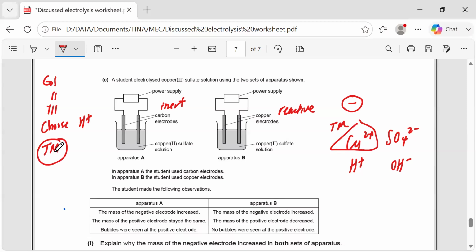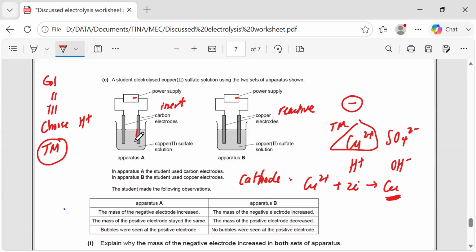Now, it doesn't matter which one, you still choose copper. So the cathode, copper ion receives electron to form copper. And where does this copper form? The copper will form on the negative. Let's say this is negative, they don't tell you.